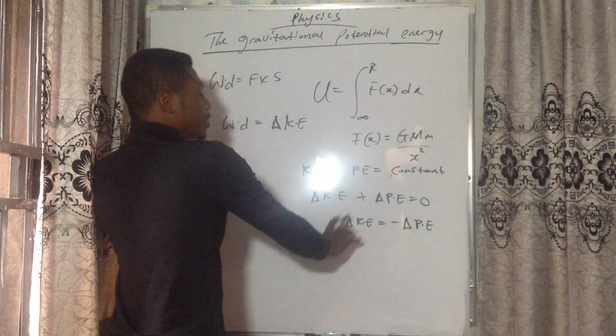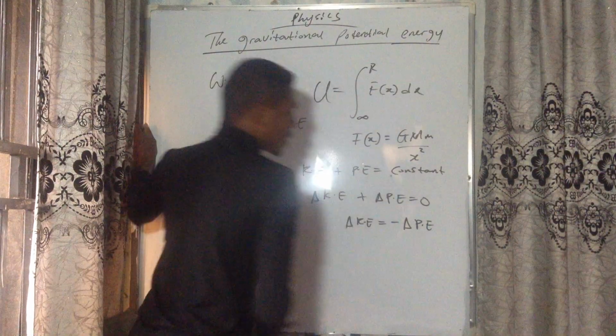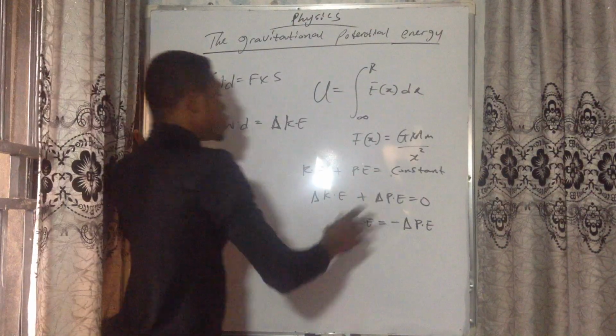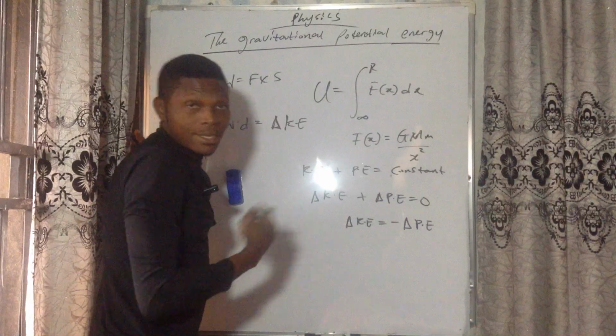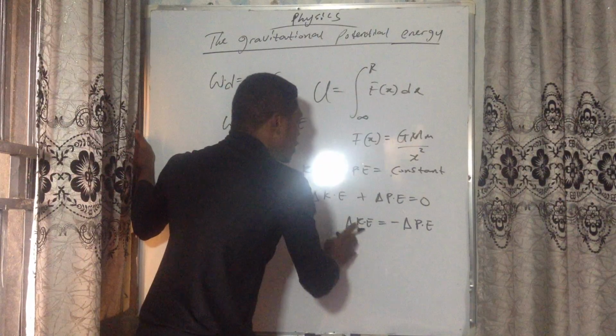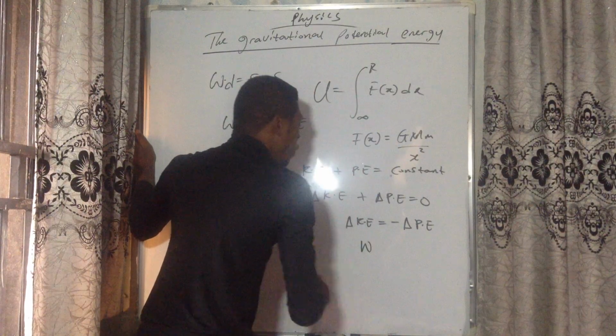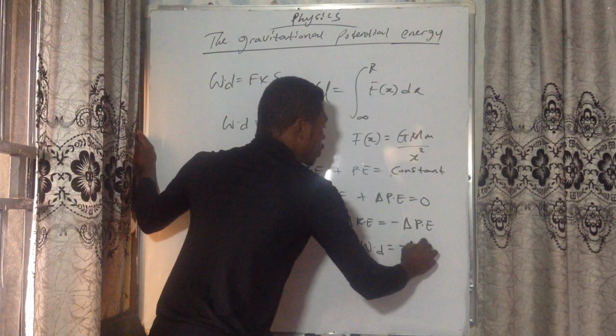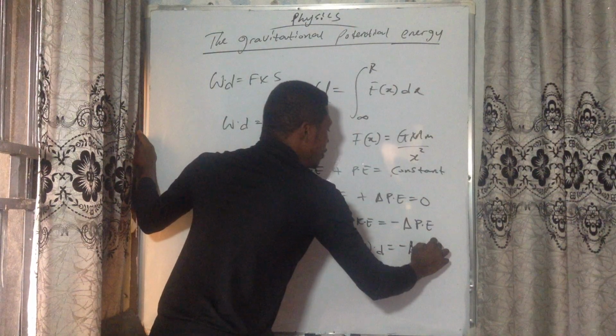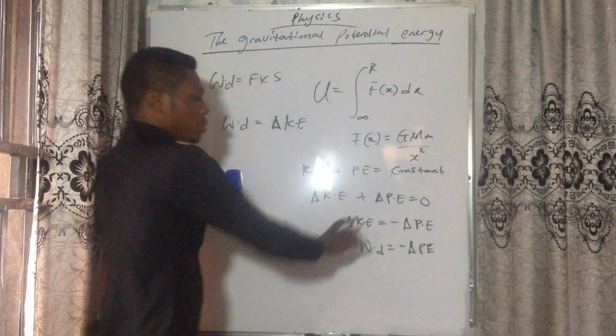Now remember, work done is defined as change in kinetic energy. So the change in kinetic energy is the work done, which is equal to minus the change in potential energy.